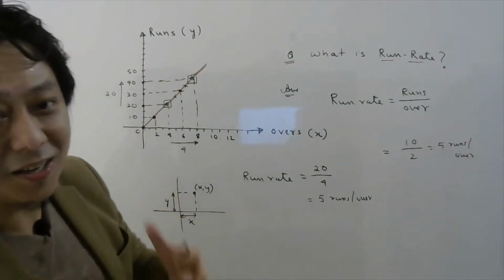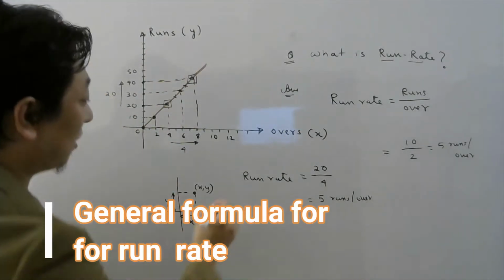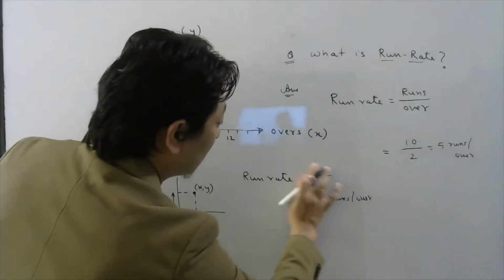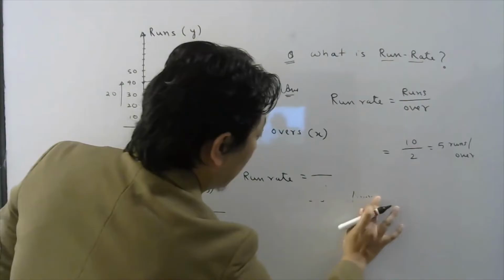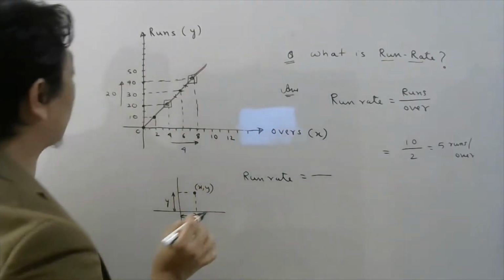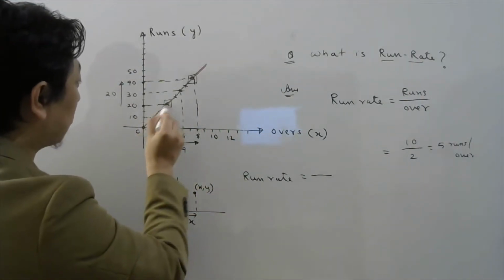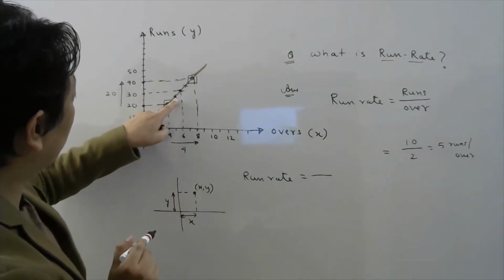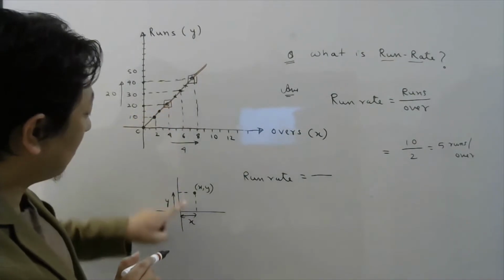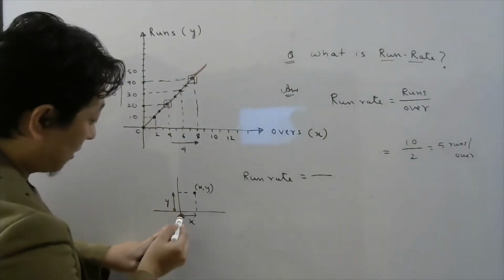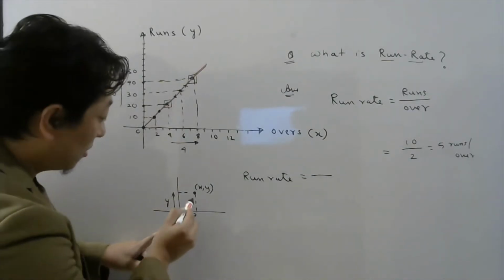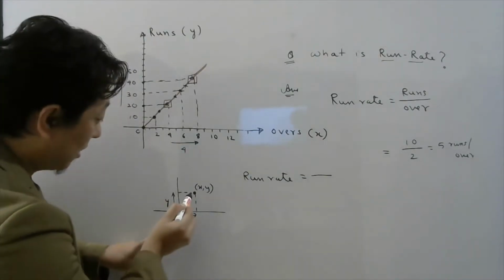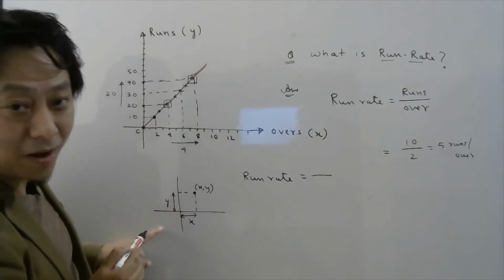Now let me create a general formula for the rate at which runs are scored. Let me rub these numbers out, and to create a general formula, let me take any 2 points. The x coordinate and y coordinate of those 2 points can be given by such a representation. If there is a point here, you drop a perpendicular on the x-axis and a perpendicular on the y-axis.